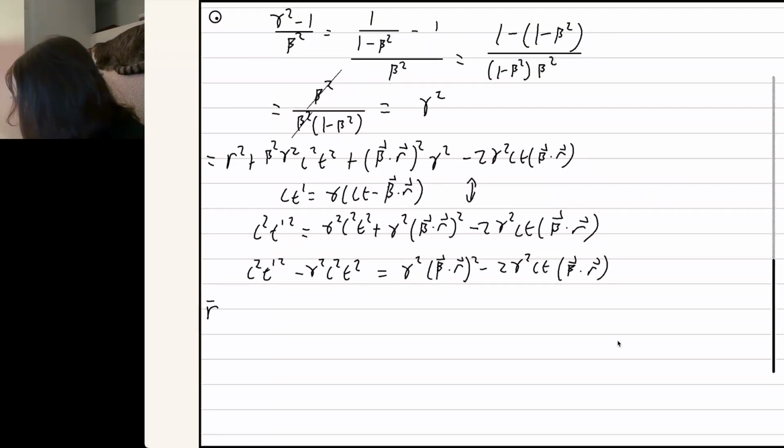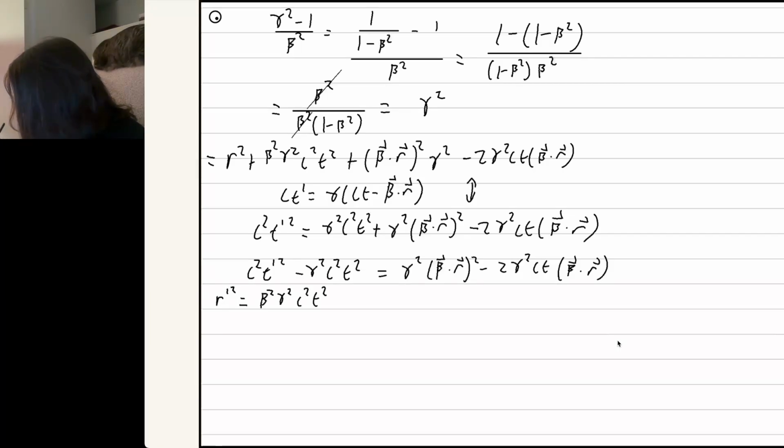And then return this expression to the r prime equation, which now is looking much, much simpler. r prime squared is equal to r squared plus beta squared gamma squared c squared t squared plus c squared t prime squared minus gamma squared c squared t squared.